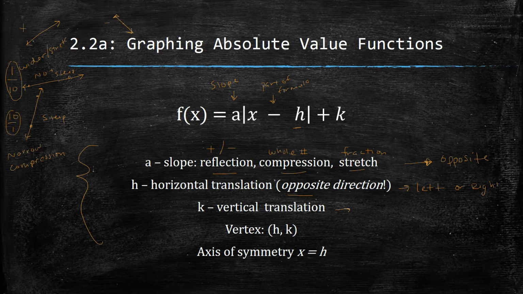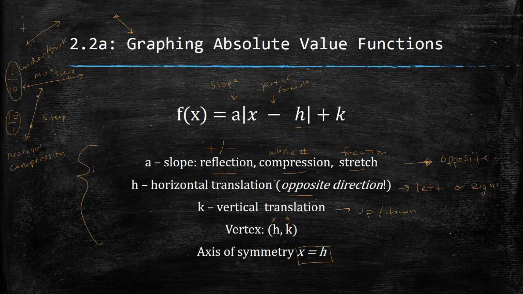Your k, your vertical translation, is going to tell you if it's going to move up or down. And then your vertex can be found at the point (h, k). So your h is dealing with your x values, so left or right, your x-axis, and your k is dealing with your y values, up and down. Now you also have your axis of symmetry, which is the line x equals h.